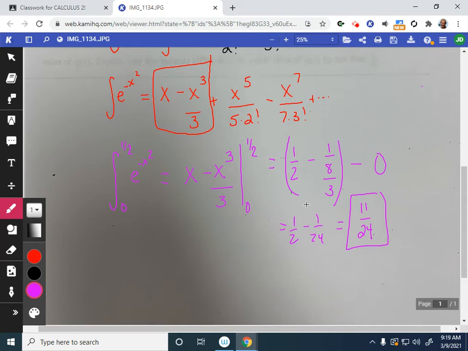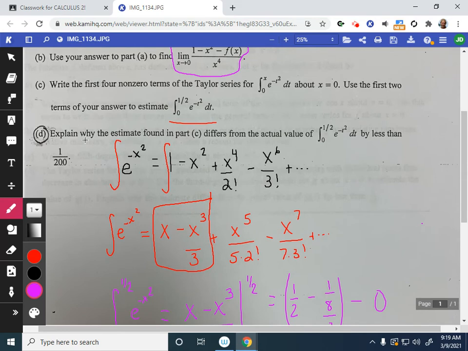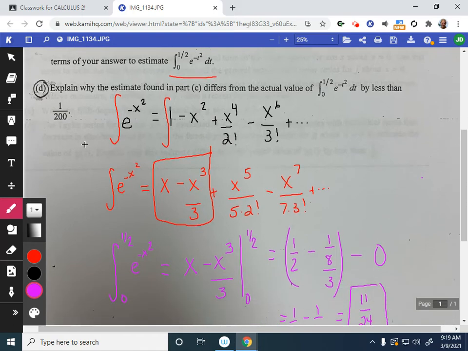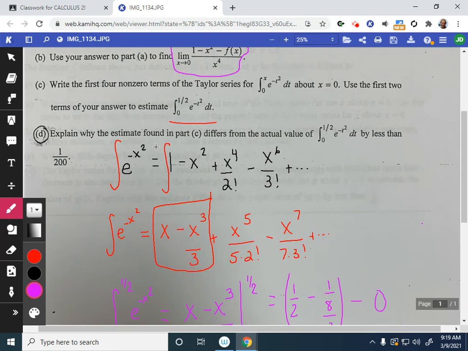Okay. 2 points left, and they all have to do with error. So explain, this is actually going to be the easier form of error, not the more complicated form of error. But you might not know that yet. So explain why the estimate found in part C differs from the actual value by less than 1/200th.